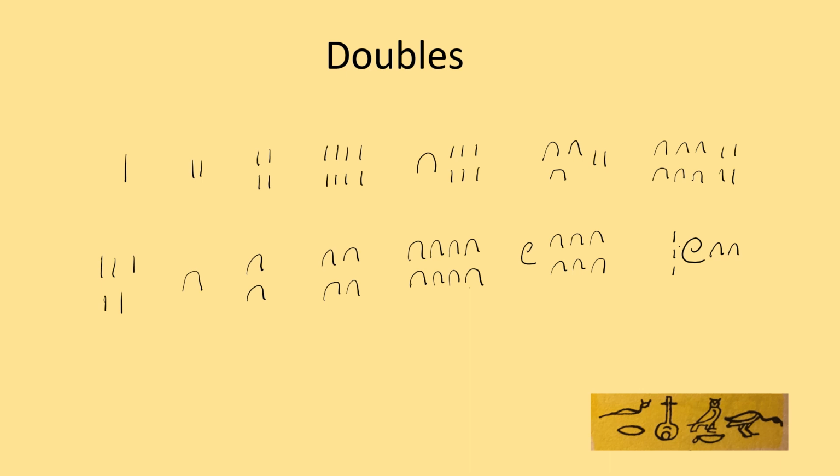So just beneath the primary doubles, I'm going to indicate the doubles of 5. We have 5, double 5 you get 10, double 10 you get 20, double 20 you get 40, double 40 you get 80, double 80 you get 160, and double 160 you get 320.